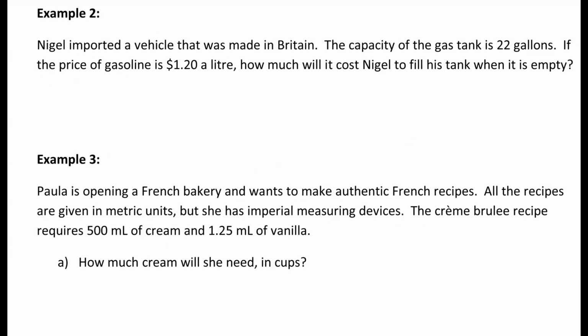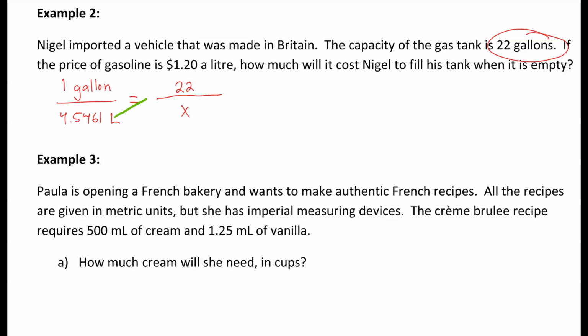So what we're going to have to do here is set up a cross multiplication. We have 1 gallon over 4.5461 liters equals, now we're going to set up our cross multiplication, so I'm going to put in my line here, and I have 22 gallons, and we want to figure out how many liters this is going to be. So we've set up our cross multiplication.